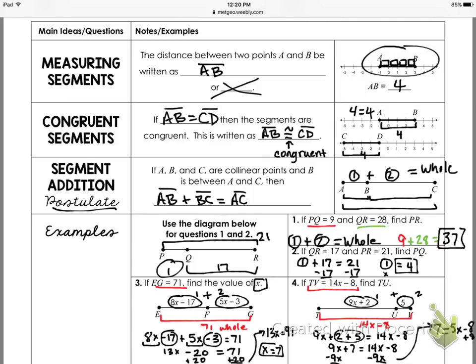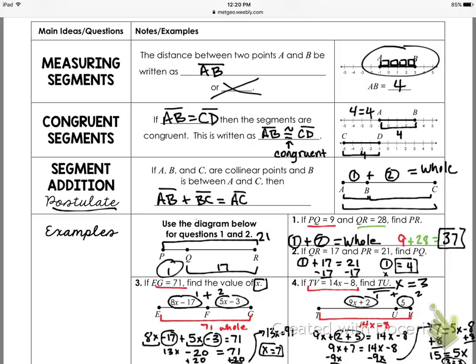And you know that we add 8 to both sides, do the opposite. 15 is equal to 5x. And I think that we'll see that when you divide by 5, you get that x is equal to 3. So with x equal to 3, we're supposed to find TU.